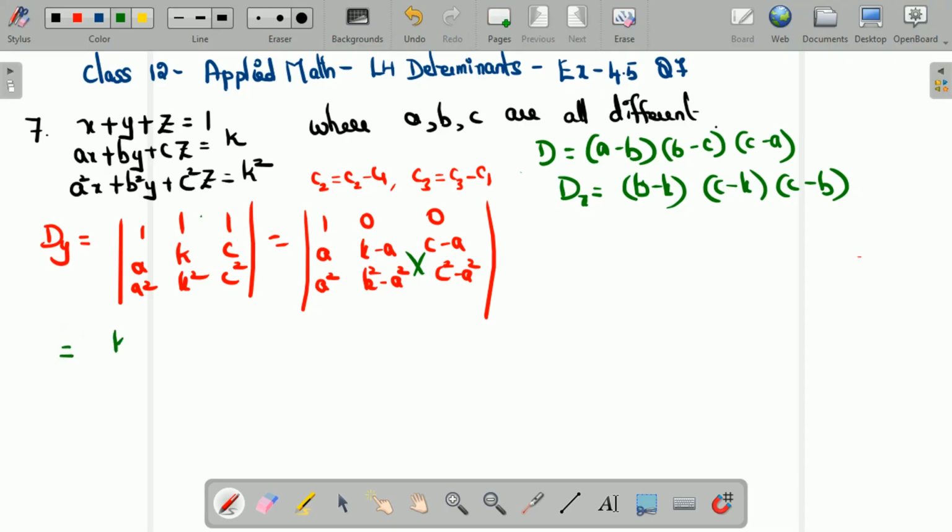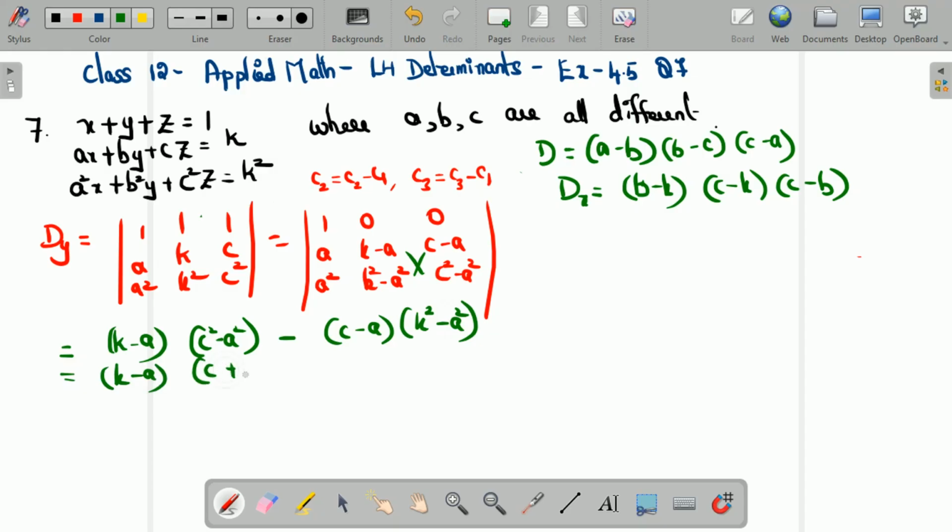Again, we're going to expand along the first row, so this cross product is enough. So this is k minus a into c squared minus a squared, minus c minus a into k squared minus a squared. Expanding, this is k minus a into c plus a into c minus a, minus c minus a into k plus a into k minus a.